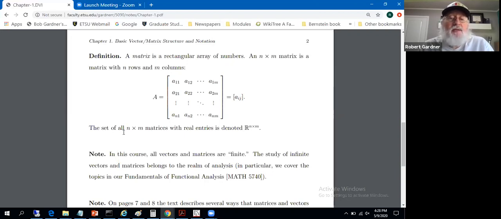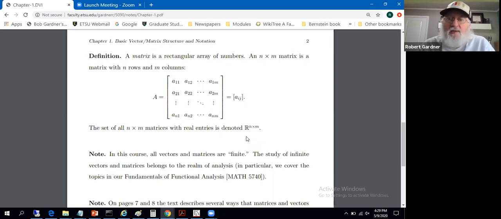And we could take the set of all n by m matrices with real entries and denote that as R^(n by m). When you see these R's with what appear to be exponents, you're probably thinking vector space. Yeah. We could make a vector space out of all n by m matrices, just as we can make vector spaces out of all n vectors.